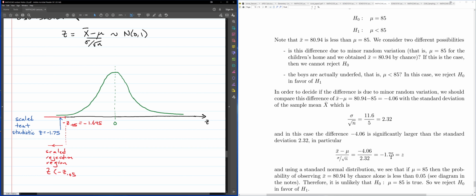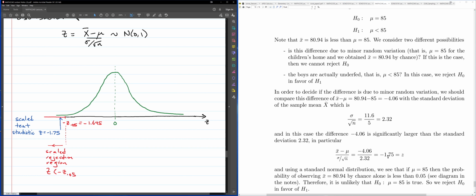Now it turns out that this quantity over here is an observed value of a test statistic. Now this sort of object, if I have big X bar, a random variable big X bar, this in fact follows a standard normal distribution, which I have sketched over here.